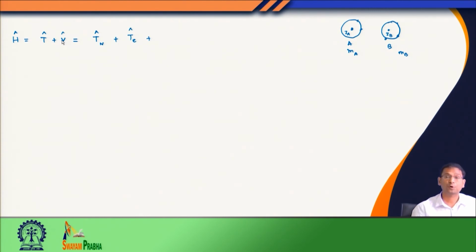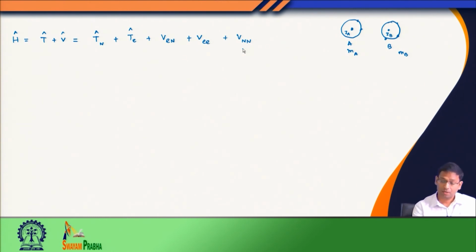What kind of potential energies can I expect here? Of course V_EN, the interaction of the electron with the nucleus. We have V_EE, the interaction between one electron and another electron, and the next term, which was not present before, is the interaction between the two nuclei.